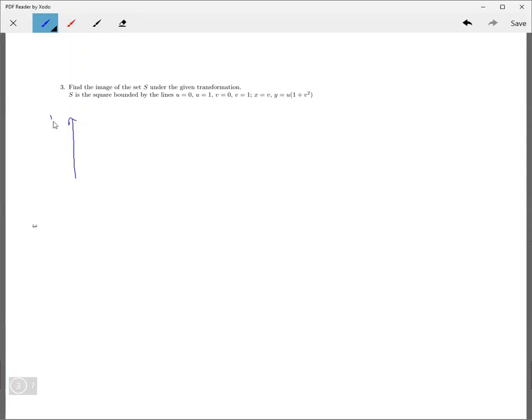If this is the UV plane, then U equals 0 would be right here, and U equals 1 would be over here at 1. And V equals 0 would be here, and V equals 1 would be up here at 1. So this is the region right here.